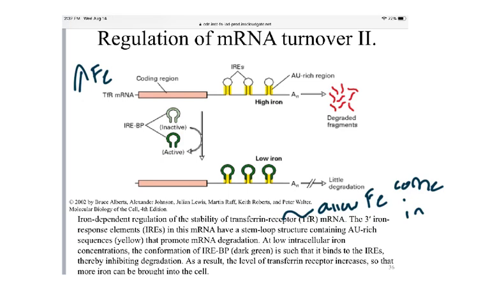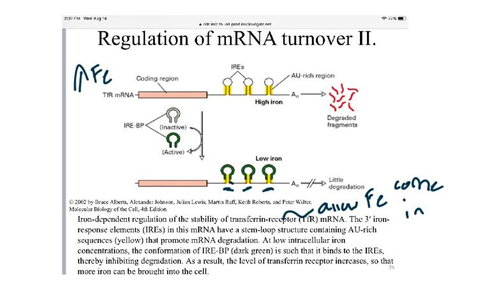But what happens is when we have low iron, we actually get the activation of these little proteins here. And these are IREBPs. And what they essentially do is they come and they stabilize these segments of the mRNA to prevent the degradation of that mRNA strand.